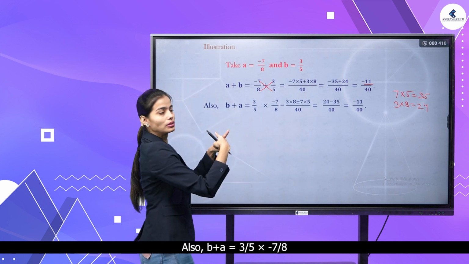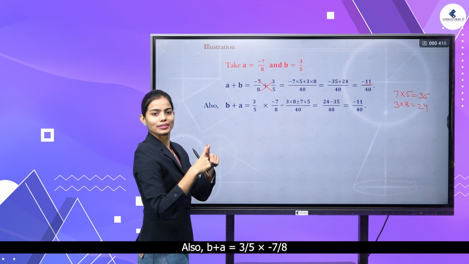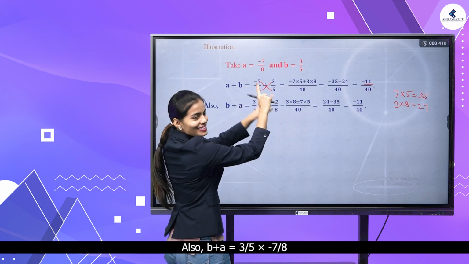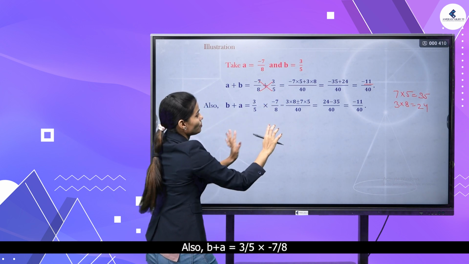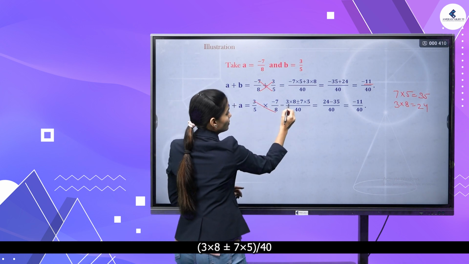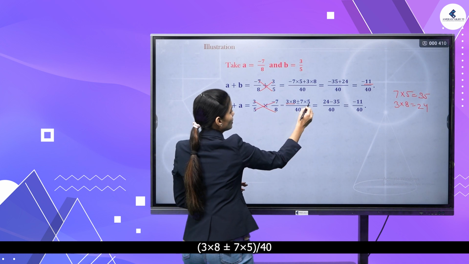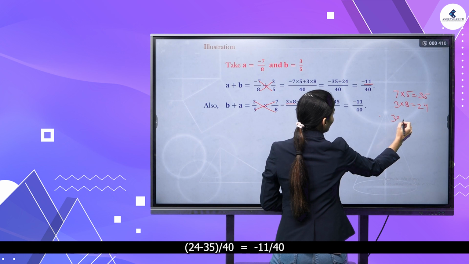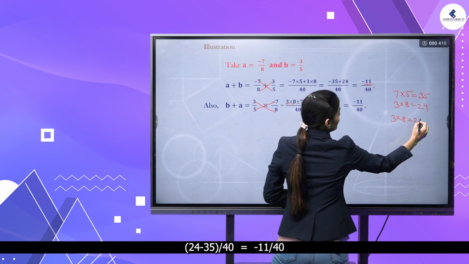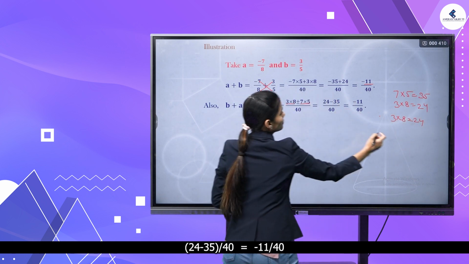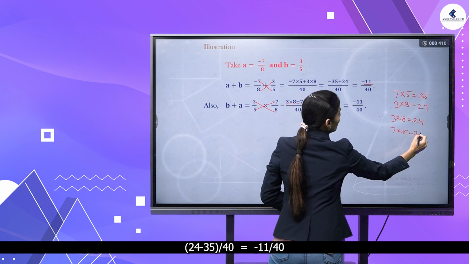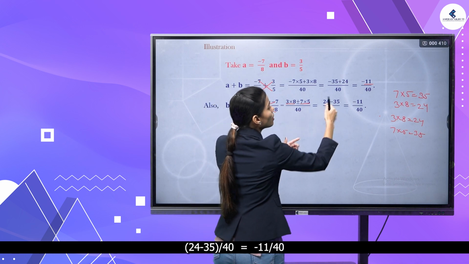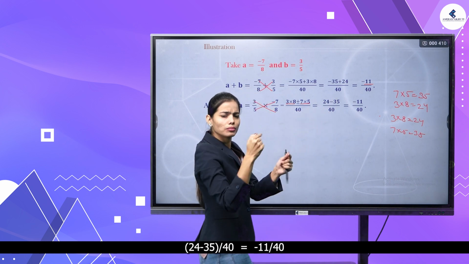Also, b plus a is equal to 3 by 5 plus minus 7 by 8, is equal to 3 into 8 plus minus 7 into 5 by 40, is equal to 24 minus 35 by 40, is equal to minus 11 by 40.